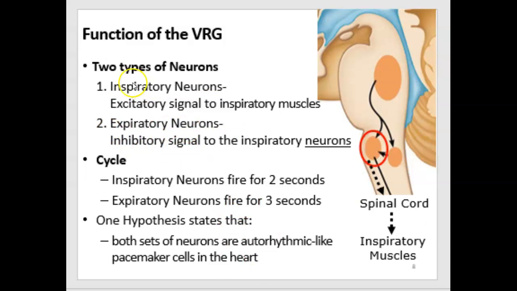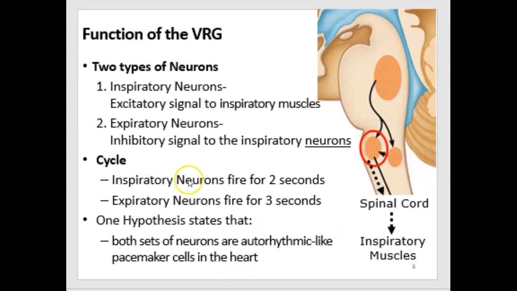It's the inspiratory neuron that really controls your breathing rate because it is excitatory to your inspiratory muscles, the diaphragm and the external intercostal muscles. What the expiratory neurons do is just inhibit them. So the expiratory neurons would inhibit an inspiratory neuron, and therefore the muscles wouldn't be excited.